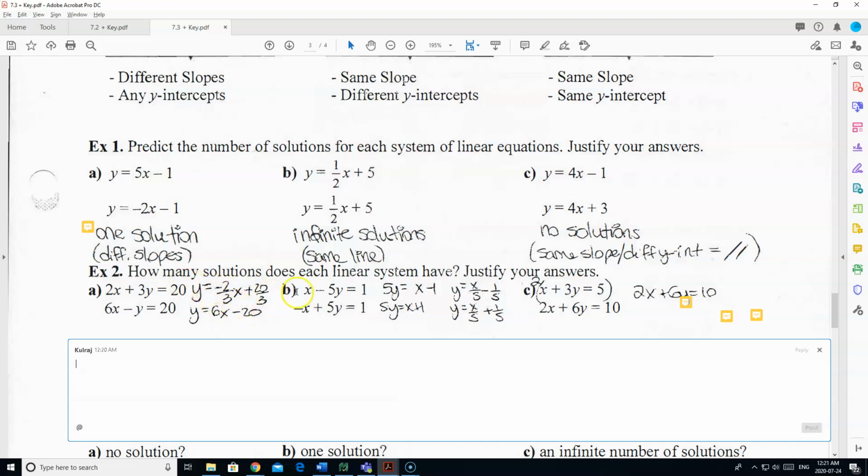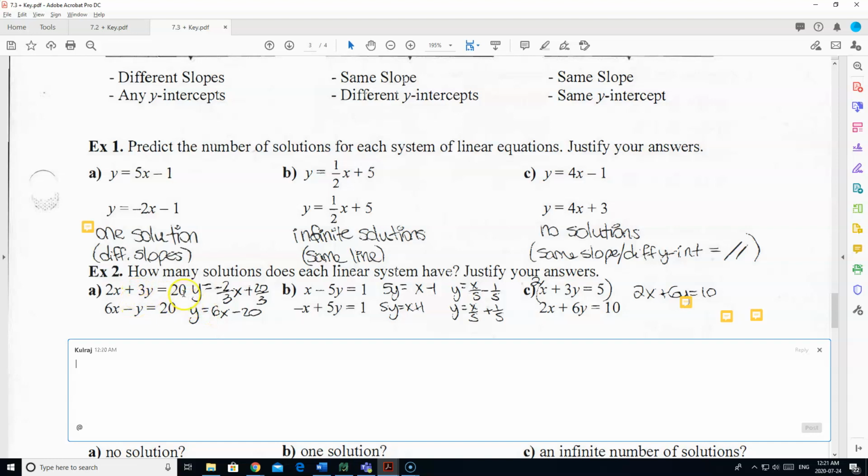Okay. How many solutions does each linear system have? Justify your answers. So in this case, we're doing the same thing as right above, but in this case, they're not in the form y equals mx plus b. So first thing you want to do is just do the basic algebra that you've been doing the last few chapters.